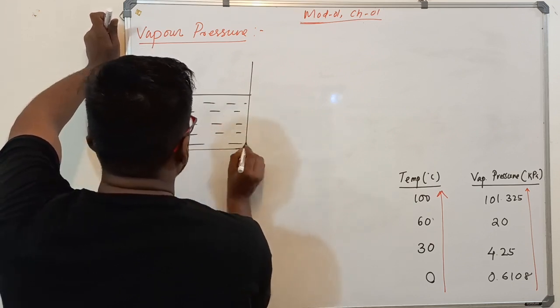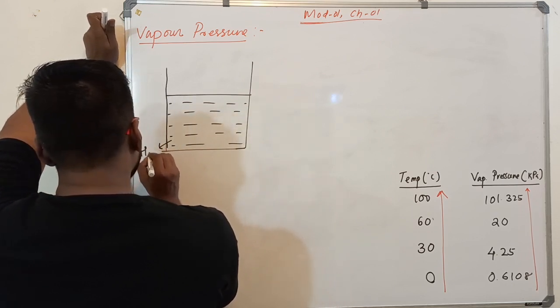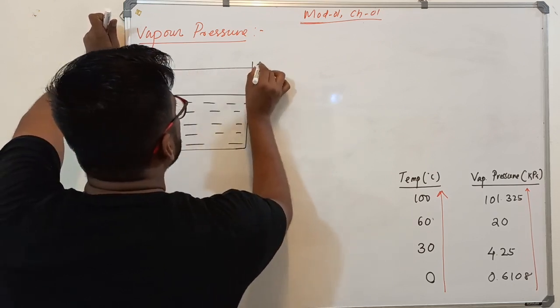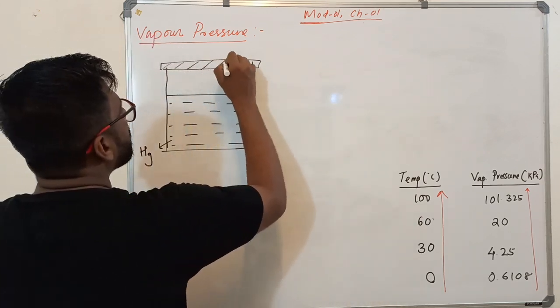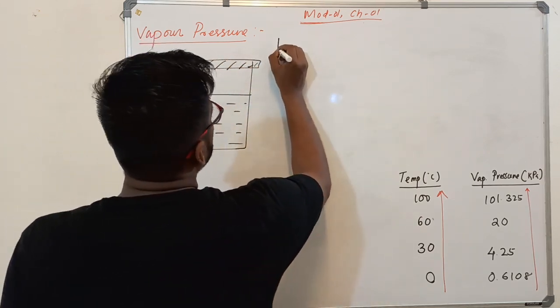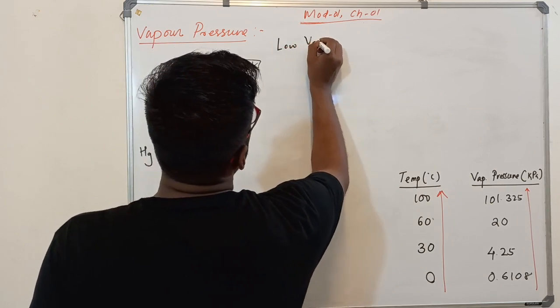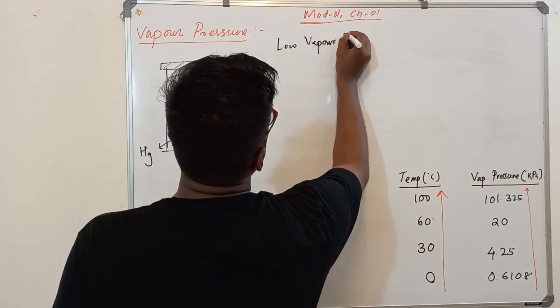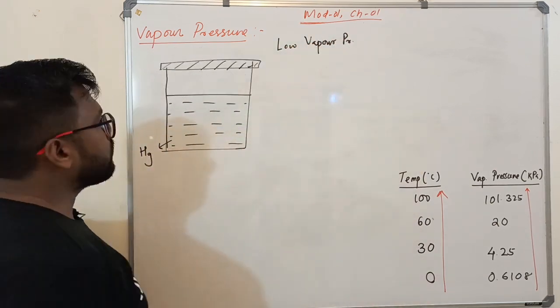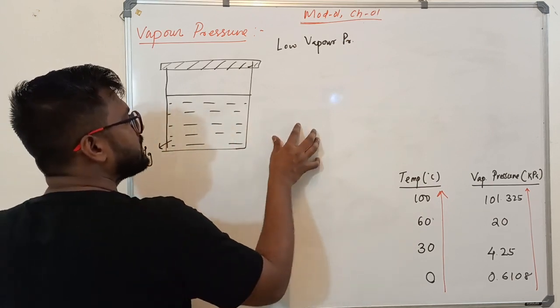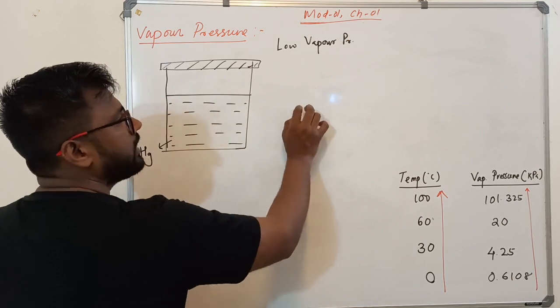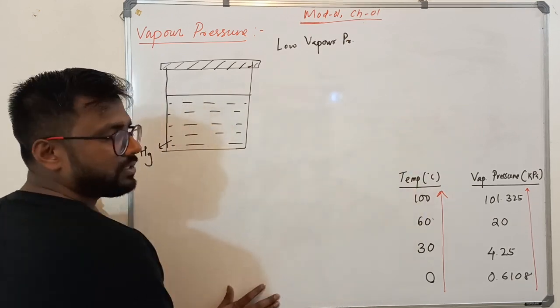Now I'll take mercury. I'll take mercury. Again I close it. So by default, mercury has low vapor pressure. Now I told you vapor pressure is the pressure exerted by the vapors of the liquid which are in phase equilibrium with the liquid itself.